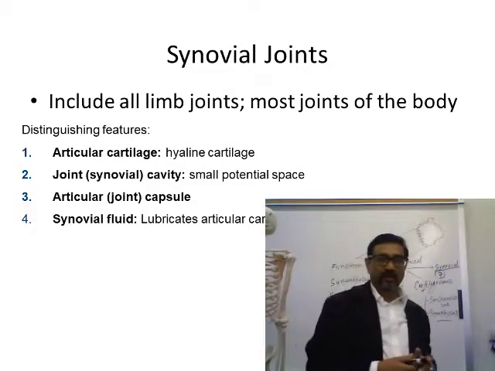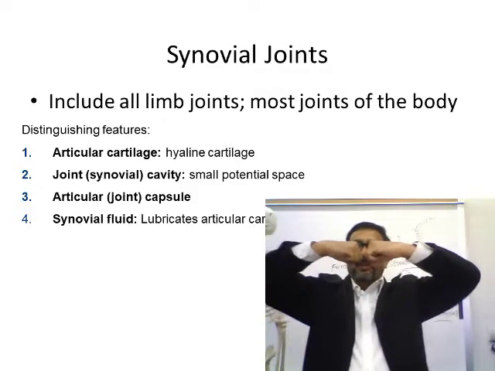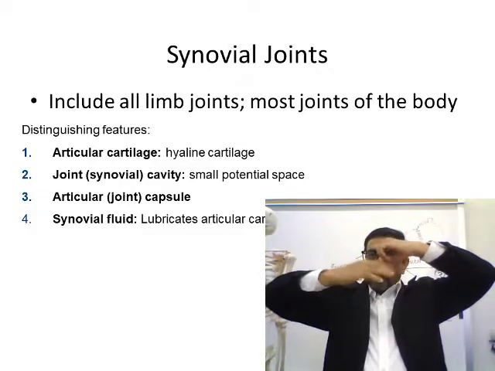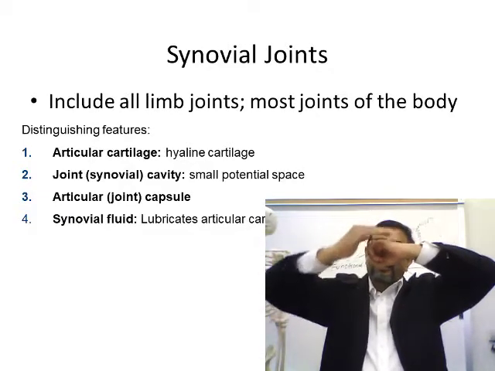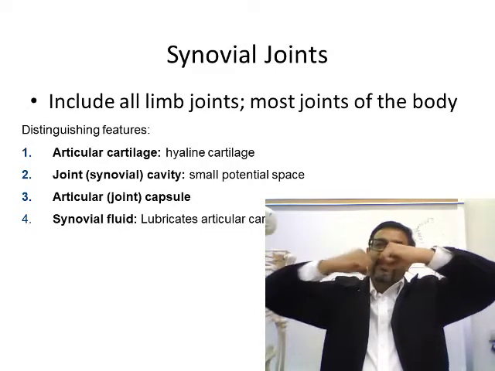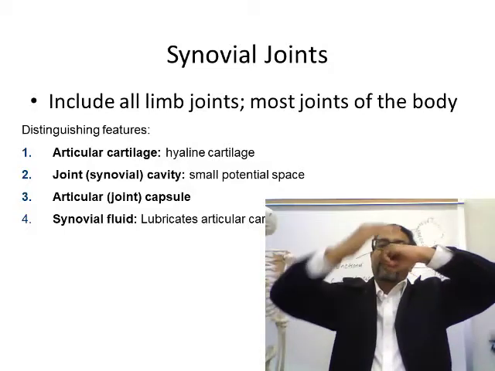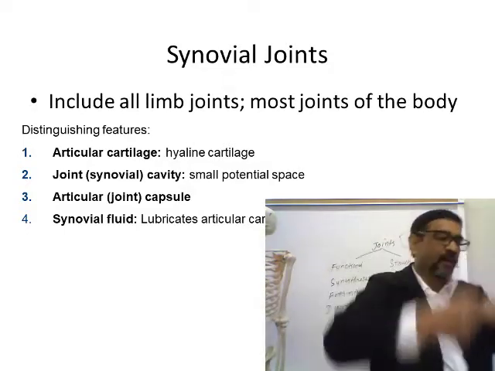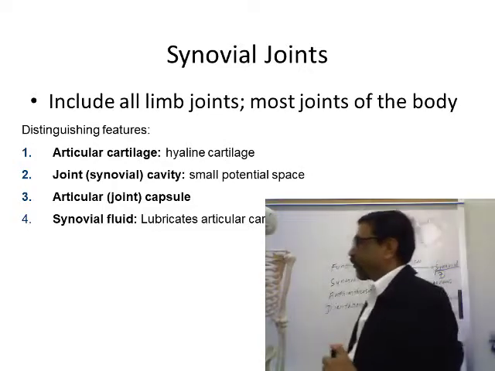Articular capsule or joint capsule. What is that? You see again, this is the synovial joint, right? Around the joint you have a connective tissue membrane that covers like this. So these two are forming the joint, and around that you have a wrapping or covering of connective tissue membrane, that is the capsule.